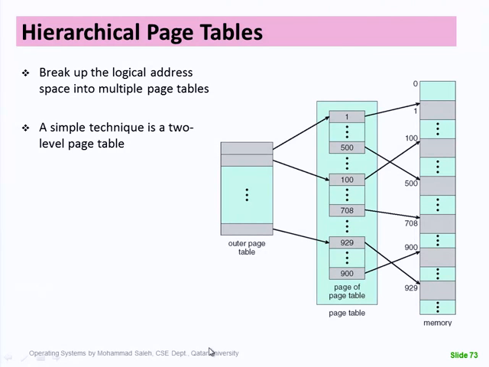This is a hierarchical view of it, and it could be 2 levels of hierarchy, 3 levels, or even 4 levels, which means the most inner page table has our understanding of a page table. It basically holds the references for the frames and so on. This is the most inner. The outers, we're going to order them: outer 1, outer 2, outer 3. So one inner and multiple outers. Okay?